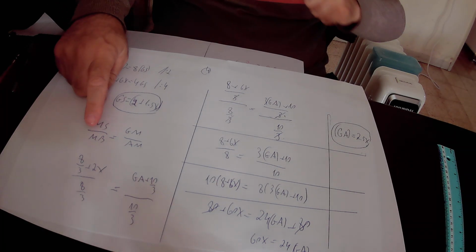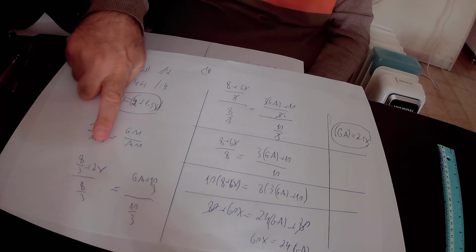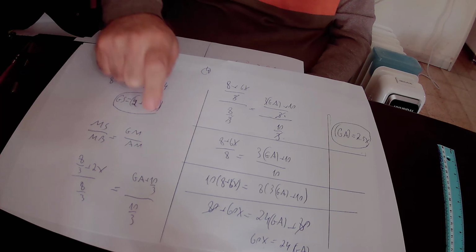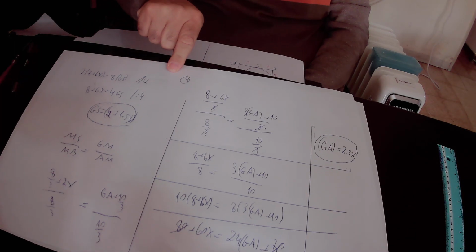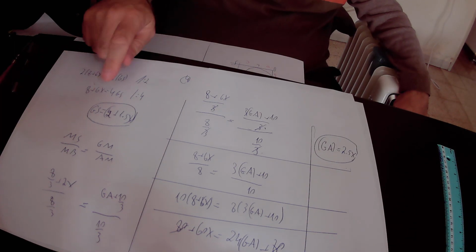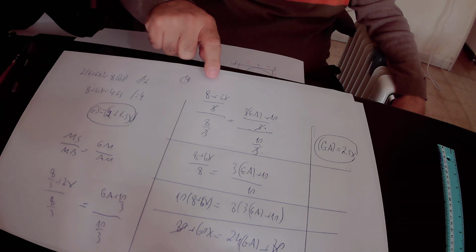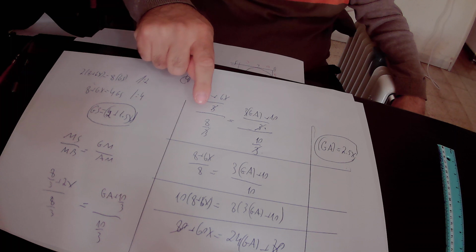Then we multiplied 2x by 3 here, and then we divided by 3. And then we multiplied GA by 3, and then we divided it by 3. And we found out that in the numerator we have 8 plus 2x times 3, which is 6x. So in total we have in the numerator 8 plus 6x over 3, over 8 over 3.